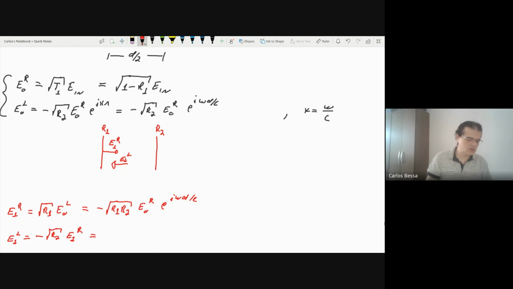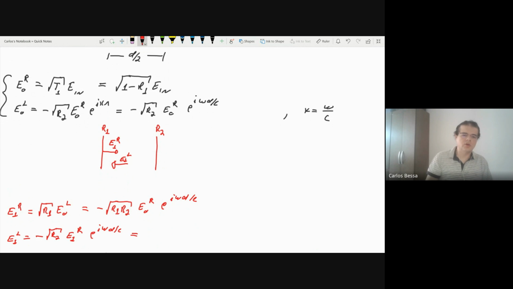And this E1 right times the phase, that's exponential i omega d over c, because it's this round trip. Okay?